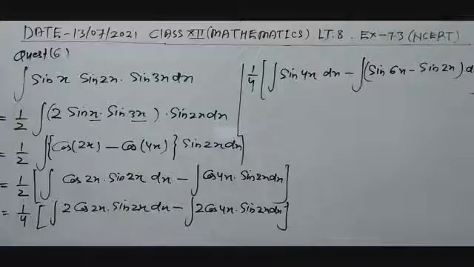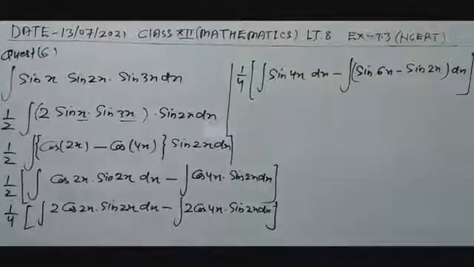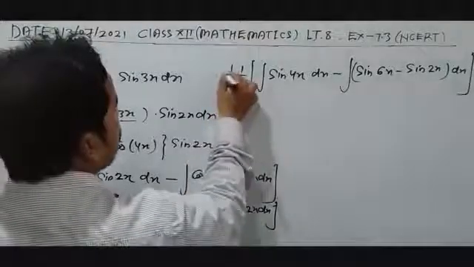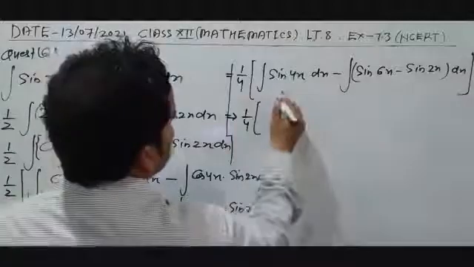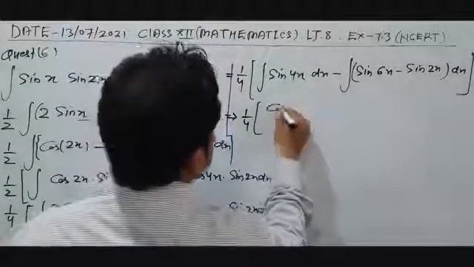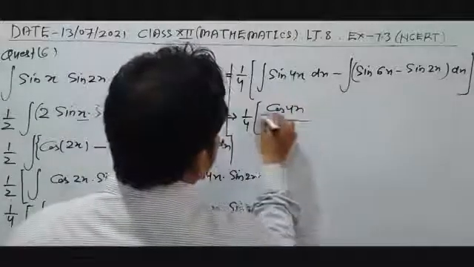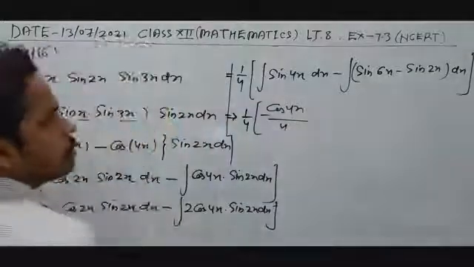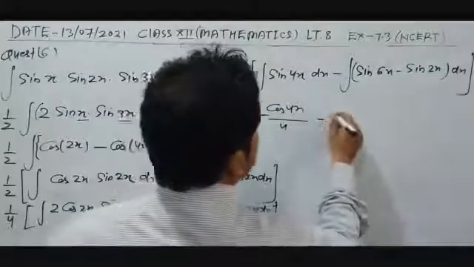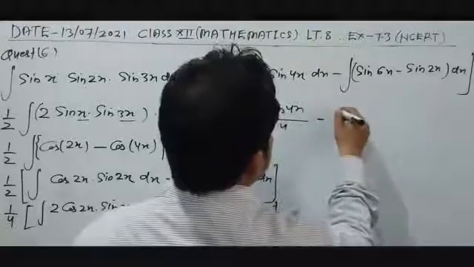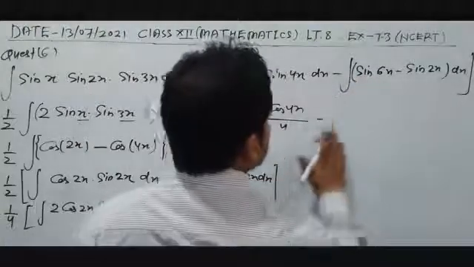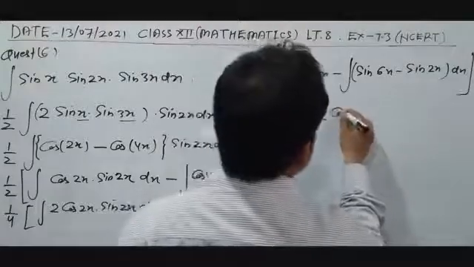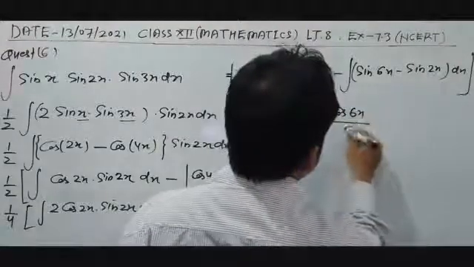Now 1 by 4 sin 4x, result is cos 4x by 4 with negative sign, and a minus, its integration means sin of 6x, result will be cos 6x by 6 with negative sign.